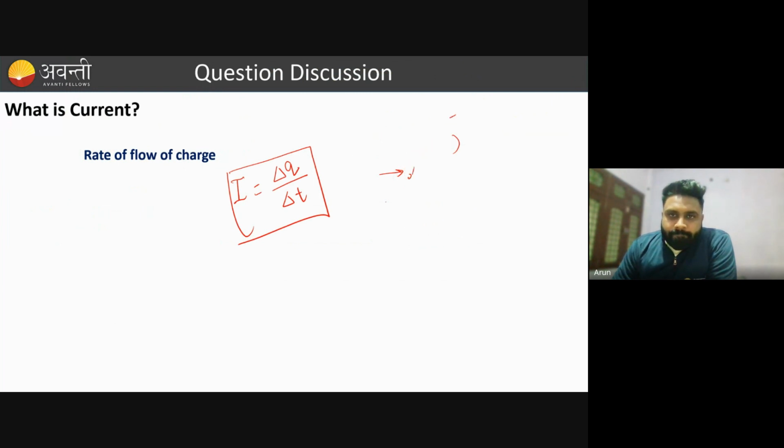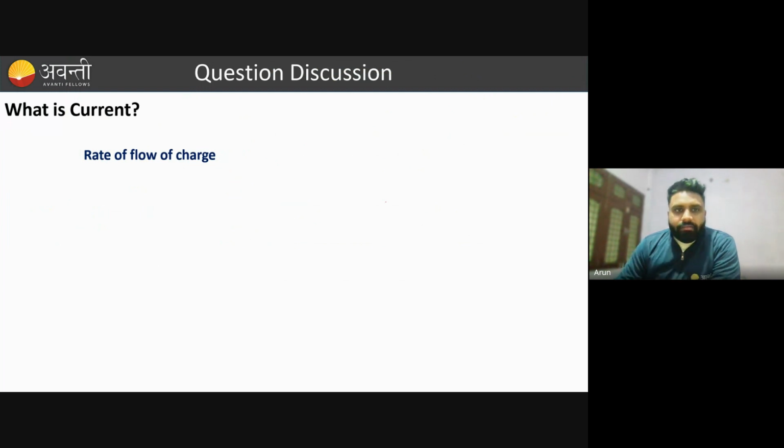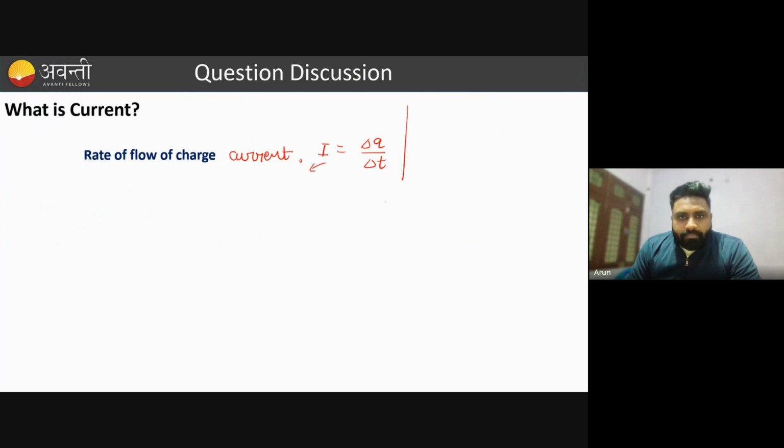Now here, if I talk about a new term, the rate of flow of charge is current, which is given by I equals delta Q upon delta t. This is termed as the average current.